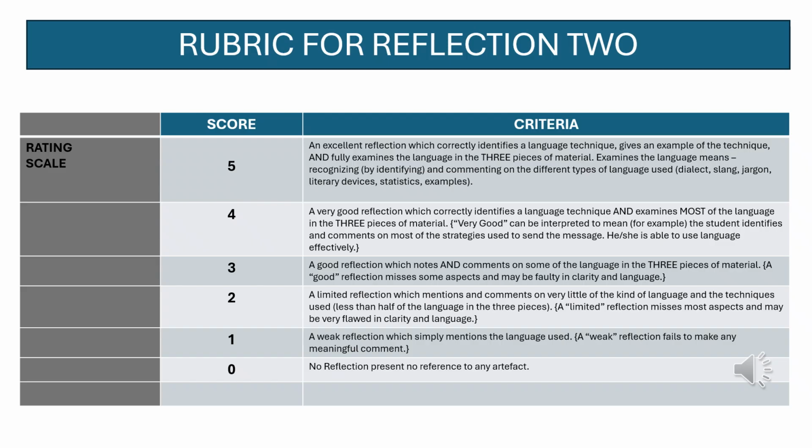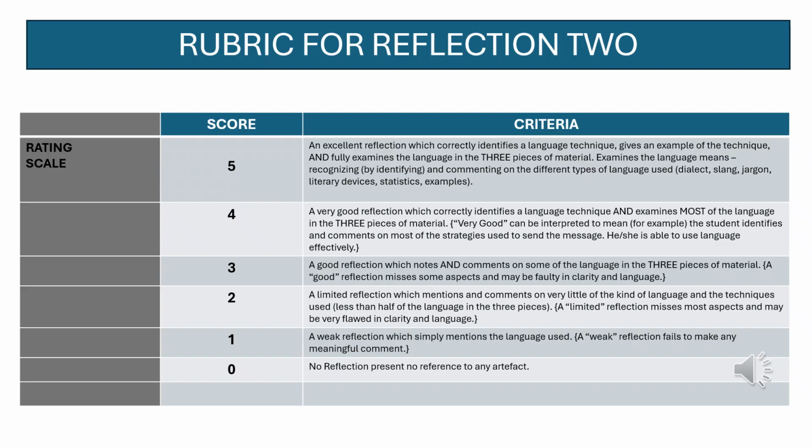Now, 4 marks for a very good reflection which correctly identifies a language technique and examines most of the language in the 3 pieces of material. Very good can be interpreted to mean, for example, the student identifies and comments on most of the strategies used to send the message. He or she is able to use language effectively. 3 marks, a good reflection which notes and comments on some of the language in the 3 pieces of material.